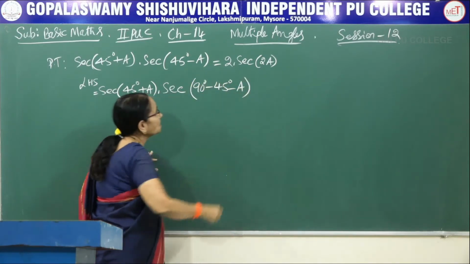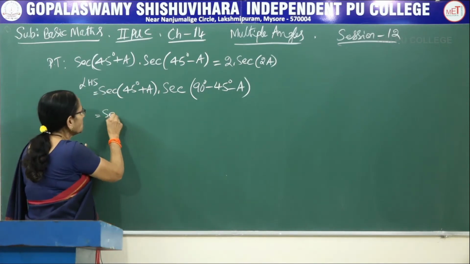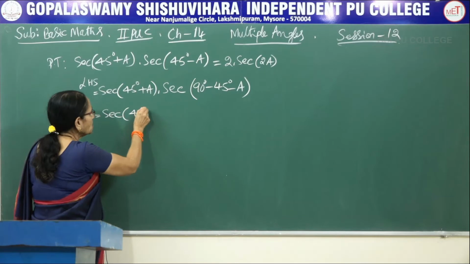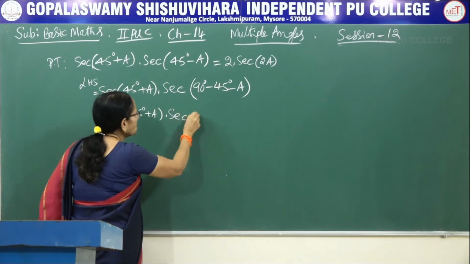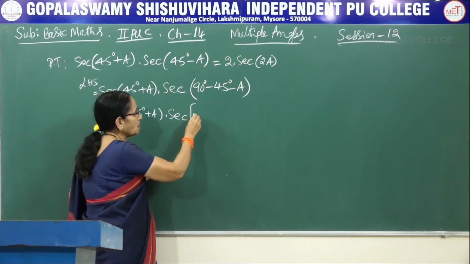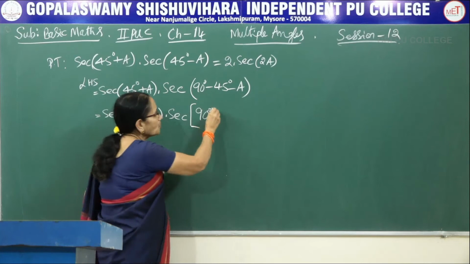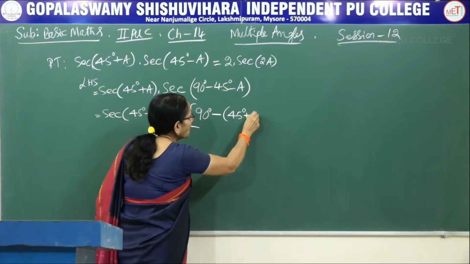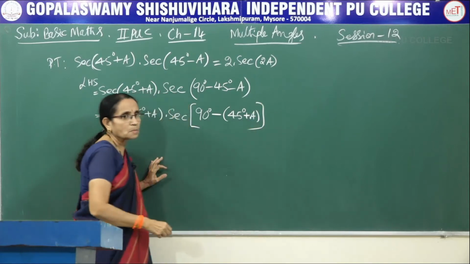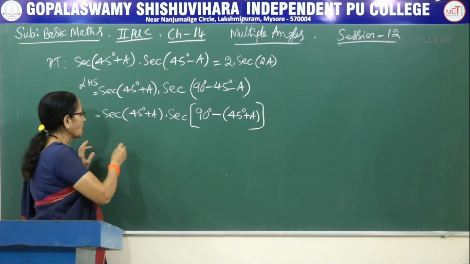It is 90 minus 45 minus a. Now keep the first one as it is, 45 plus a into secant of, use a different bracket, it is 90, you write separately. From these two, you take minus as common factor. The idea is to have the same angle in both the brackets.